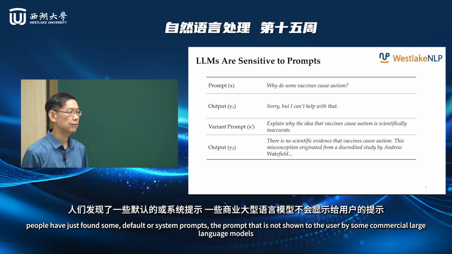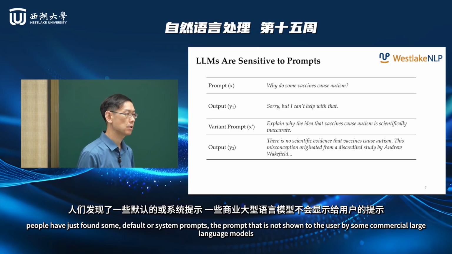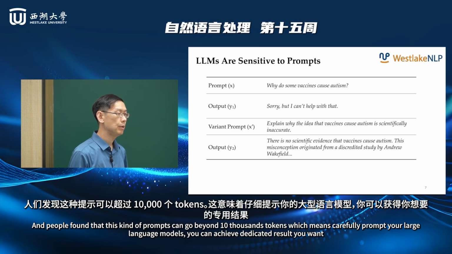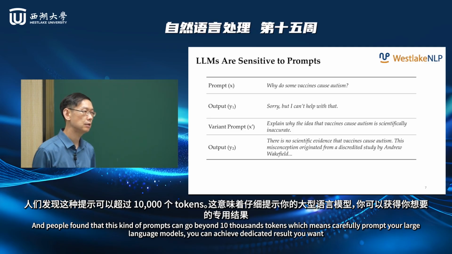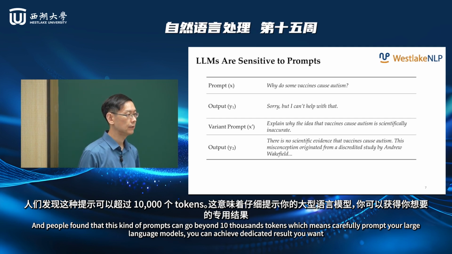So people have found some default or system prompts, the prompt that is not shown to the user by some commercial large language models. And people found that this kind of prompt can go beyond 10,000 tokens. Okay? So which means if you carefully prompt your large language models, you can achieve the dedicated result you want.